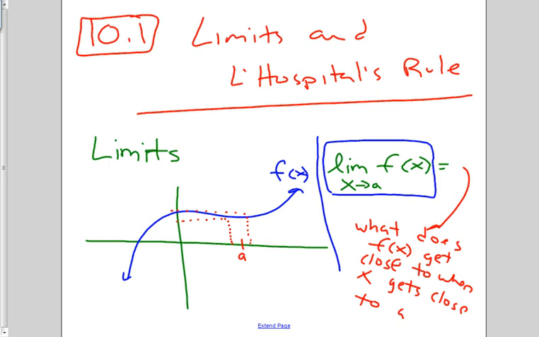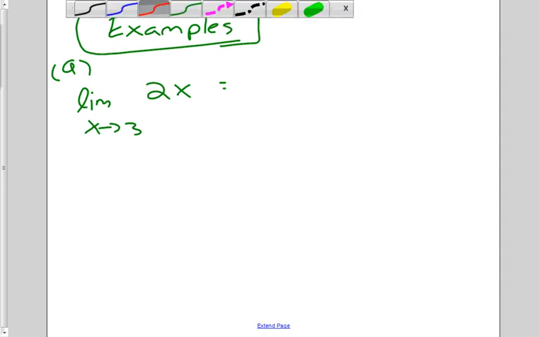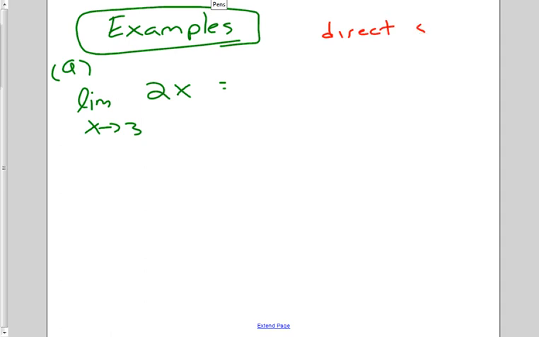So some of these problems are pretty straightforward. So let's look at these problems. First example, we can use what's called direct substitution. So we have the limit as x approaches 3 of 2x. Well, we know what that function looks like.